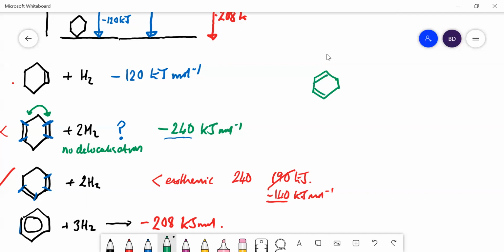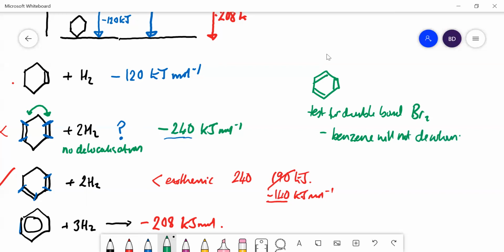Well, you test for a double bond with bromine water. Benzene will not decolorize bromine water. Okay, and that's because it's too unreactive because you've got electron delocalization.